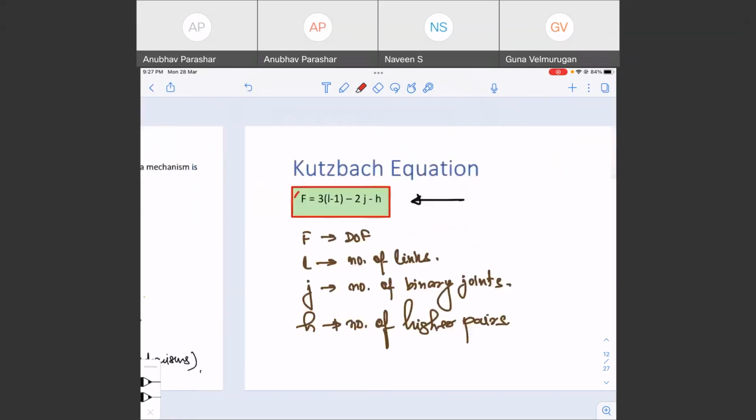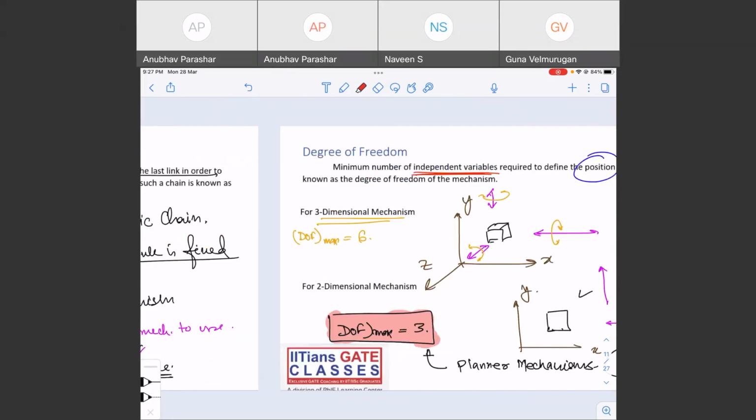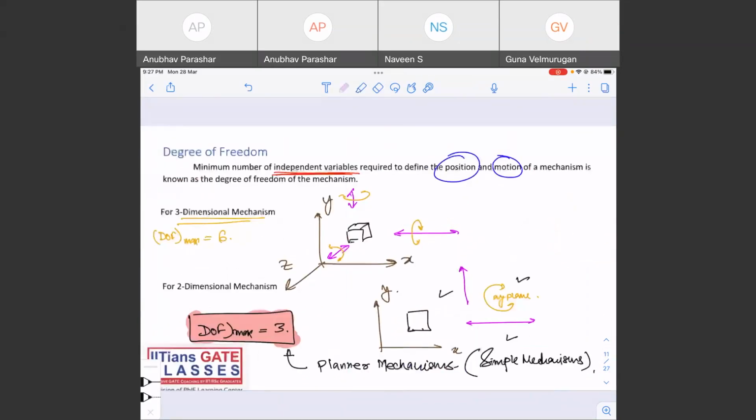I'll give you an example. What is degree of freedom? If I'm giving you a question, the minimum data I should give you so that you get the answer, that is nothing else but degree of freedom.